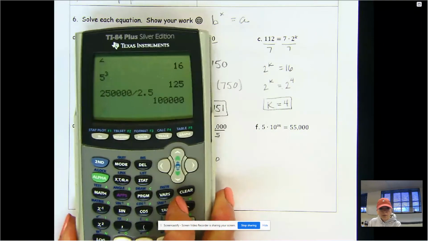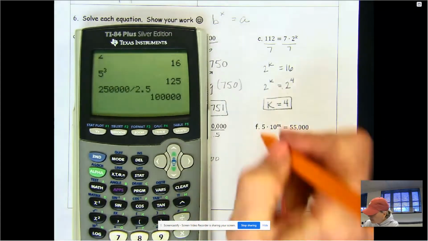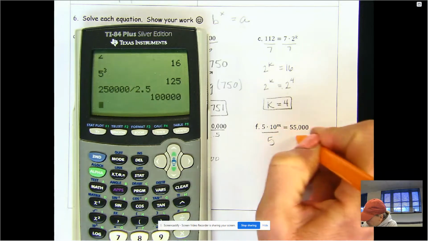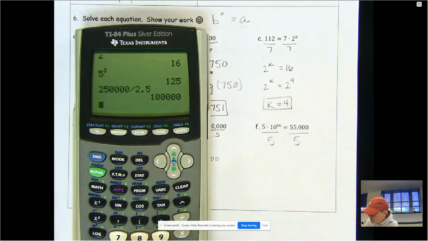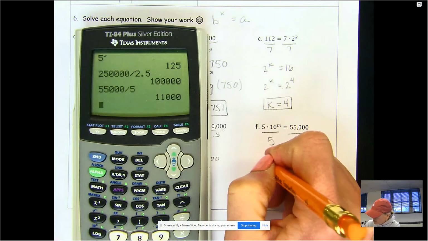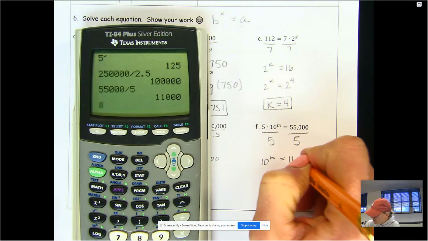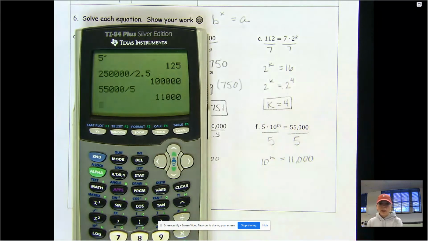All right, and then finally for F, again, our first step, isolate the 10 to the m by dividing by 5. So 55,000 divided by 5 is 11,000. So 10 to the m is equal to 11,000. And 11,000 is not a power of 10.